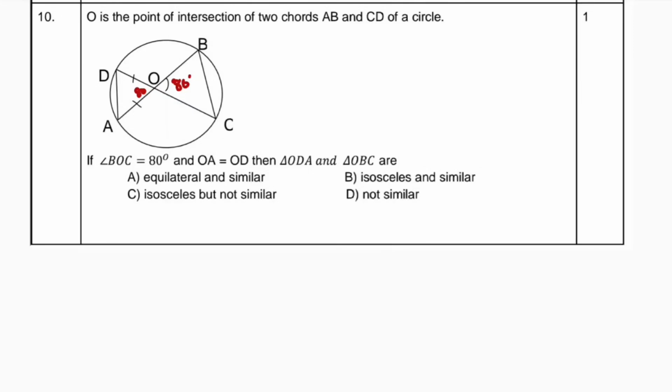If OD equals OA, then this angle and this angle also will be equal. So if we take x and x, then x plus 80 equals 180. So 2x equals 180 minus 80, so x is 100 by 2. So x value is 50 degrees. So these two are 50.